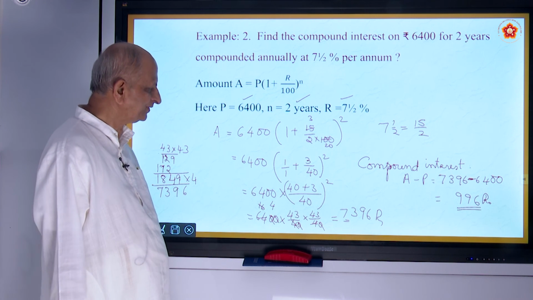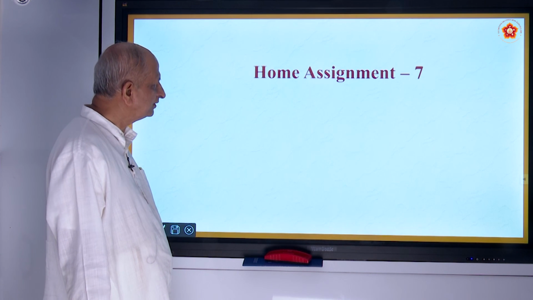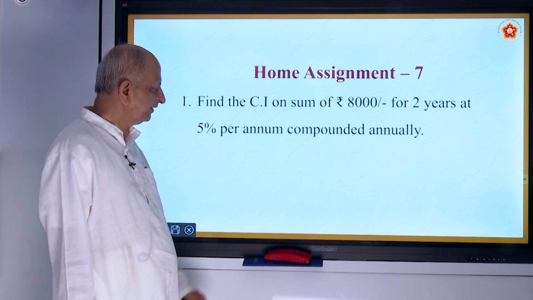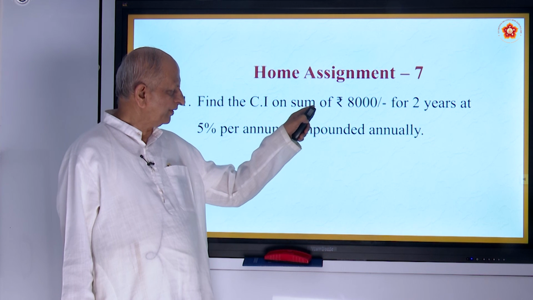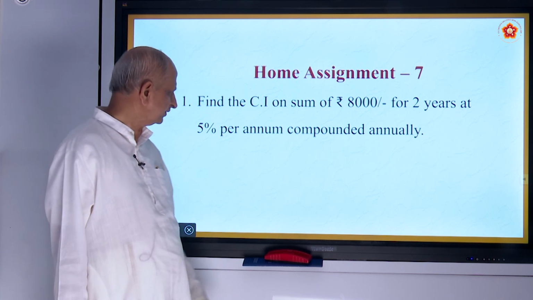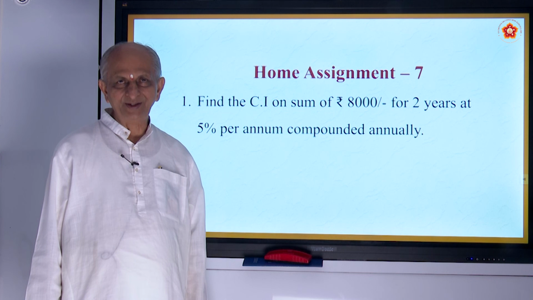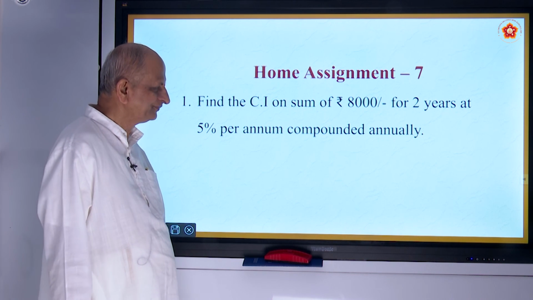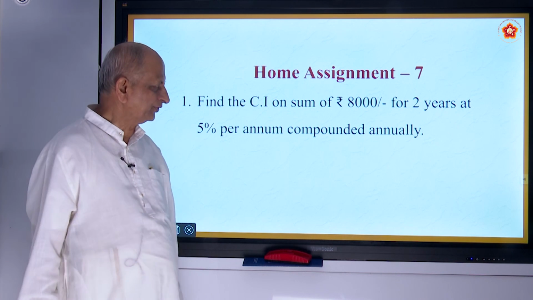Shall we go to the home assignment? Yes, we'll go to the home assignment. First question, find the CI, compound interest, on a sum of rupees 8000 for 2 years at 5% per annum, compounded annually. Use the formula, and if you want you can verify by the simple interest method also.